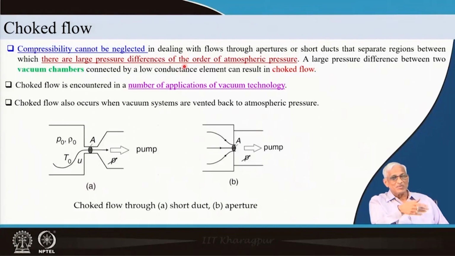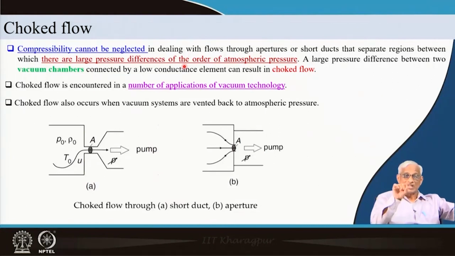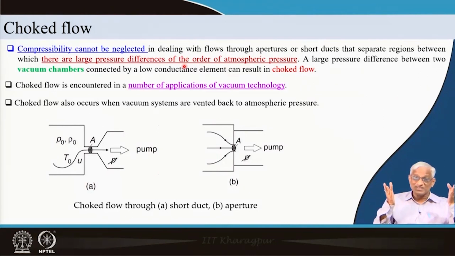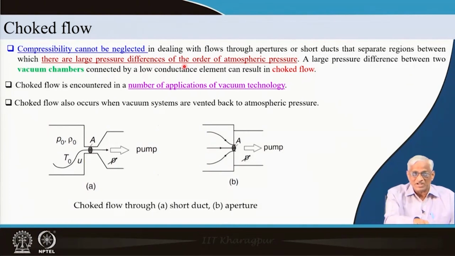When such a situation comes in vacuum, our highest pressure is atmosphere. So, it can only be lower, but atmosphere on one side and 10 power minus 1 torr on the other side is a huge pressure drop for us. For high pressure engineers it is only a 1 atmosphere drop, but for us that is the maximum pressure difference. If that occurs in a small constriction, such as an orifice or a small element, we enter into this choked flow, not in a beautiful pipe, where we will not enter into choked flow.